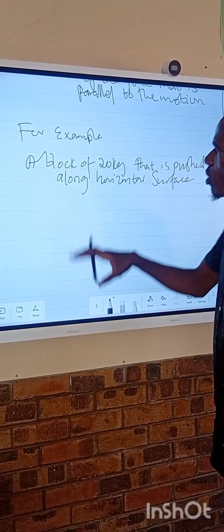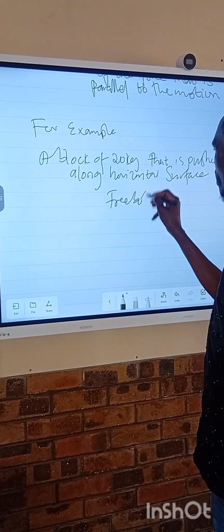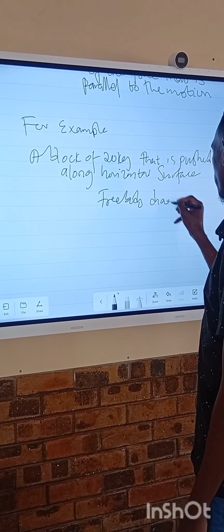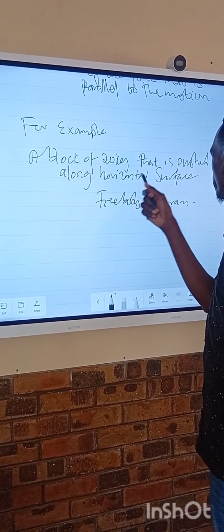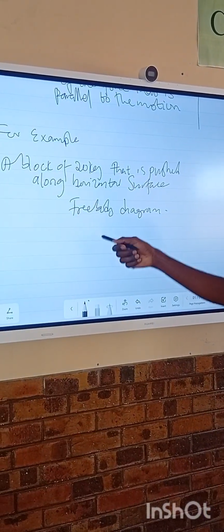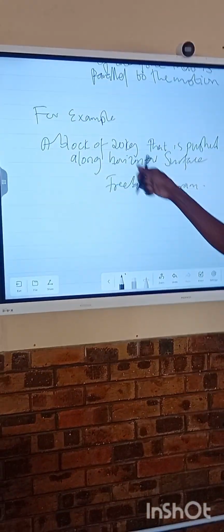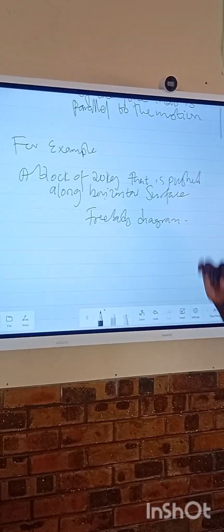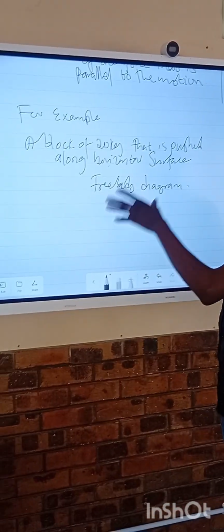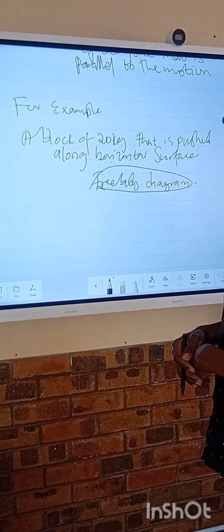On this scenario, we need to first present the free body diagram of this case. Before we calculate this question, we need to calculate the work done. Before we do that, we need to make sure that we analyze the question. After analyzing the question, we draw the free body diagram.